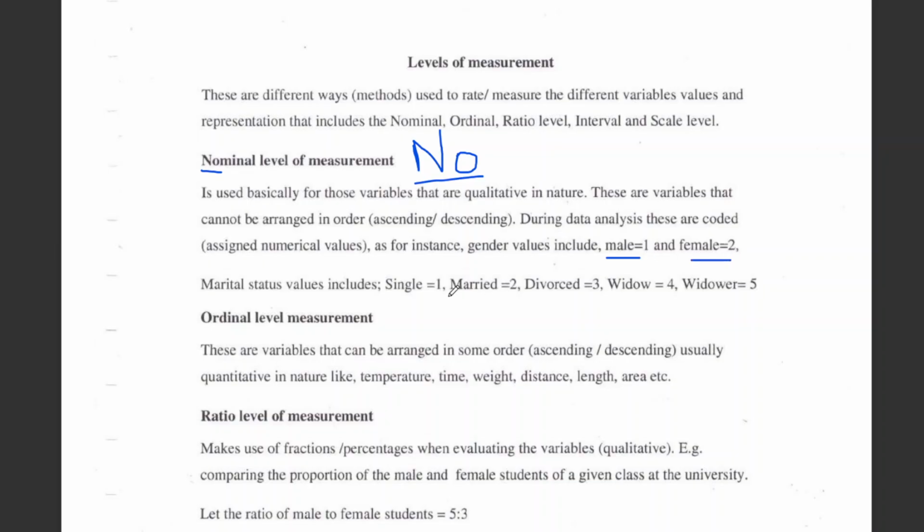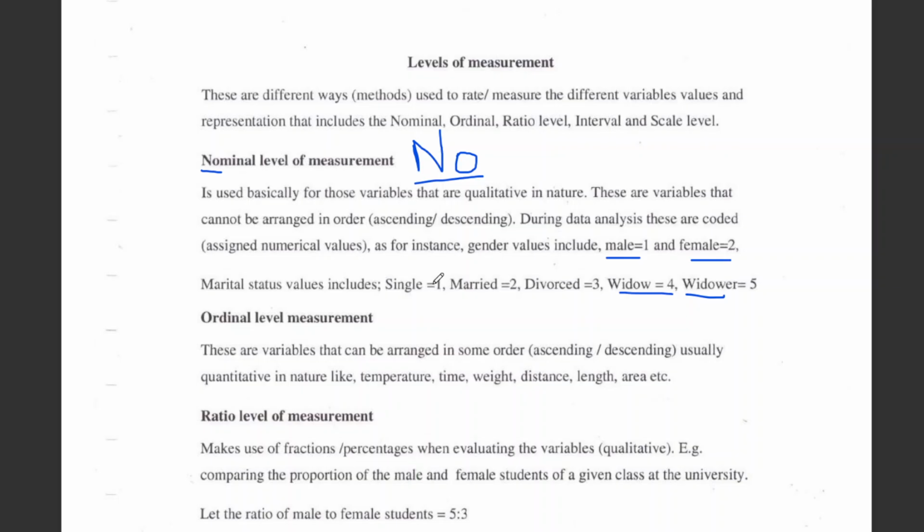If you're a female, job status, employed or unemployed, marital status, if you're a widow or widower. Marital status values include single 1, married 2, divorced. For instance, gender values include male 1, female 2.